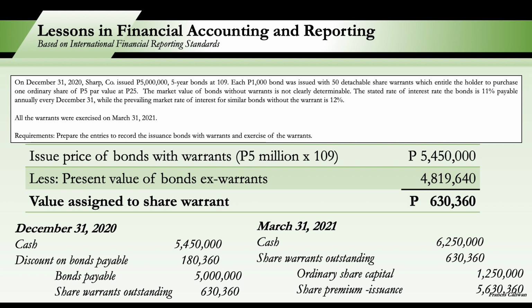Diba? at 25 per share. So 250,000 shares times 25, that's 6,250,000. And then debit tayo ng share warrants outstanding total kasi all were exercised naman, so 630,360. And then credit to ordinary share capital, so again 250,000 shares times par of 5. So that is 1,250,000, and credit to the share premium of the balance amount, which is 5,630,360.